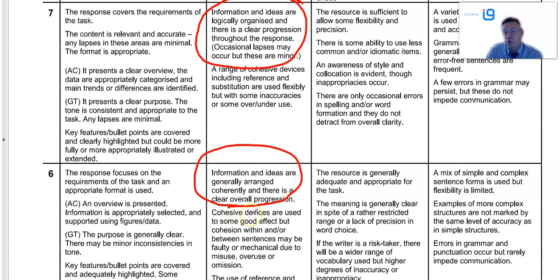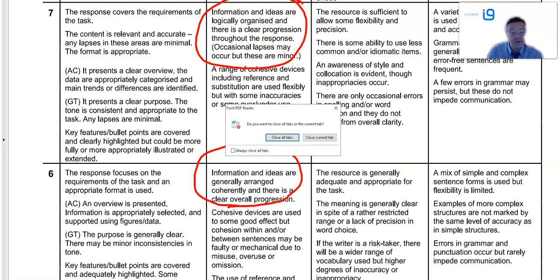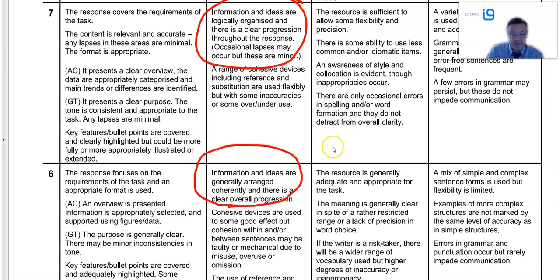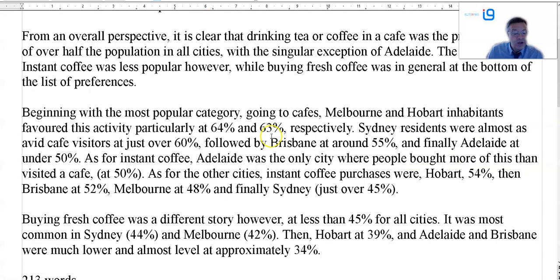So that's how I would work on that one, and maybe mention the exceptions, what the exceptions are. Okay, so get rid of that. Okay, so beginning with the most popular category, going to cafes, Melbourne and Hobart inhabitants, because it says people, so we can use that. Residents, inhabitants, because it's people in particular cities.